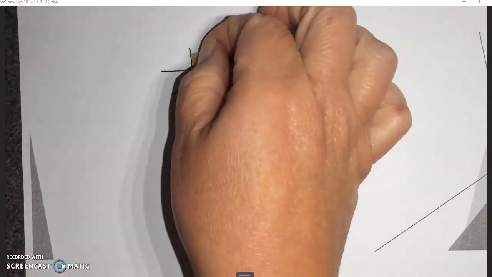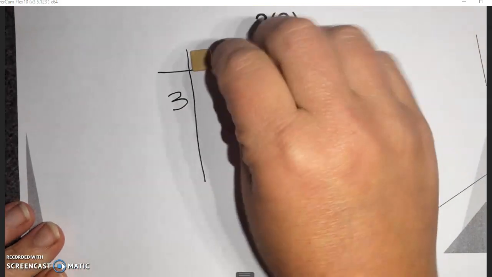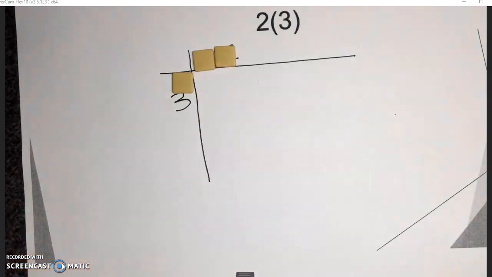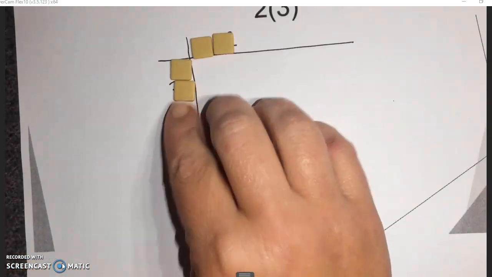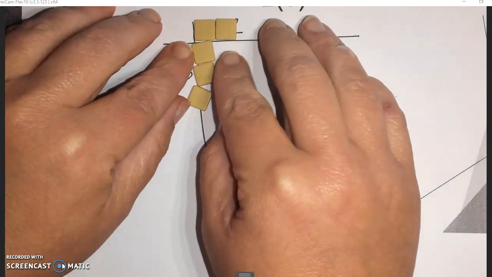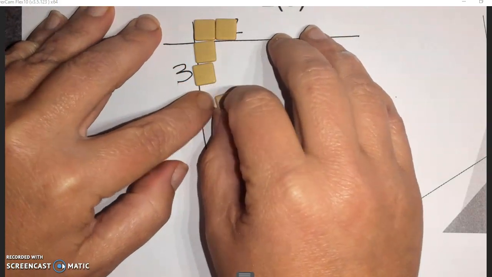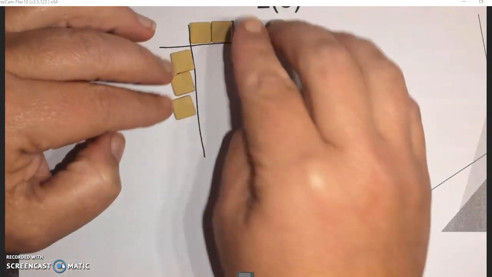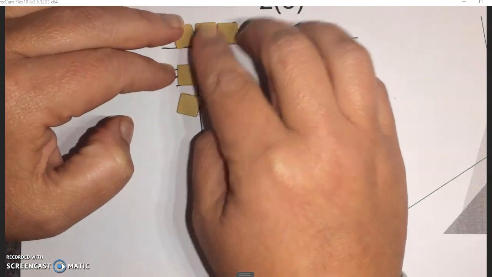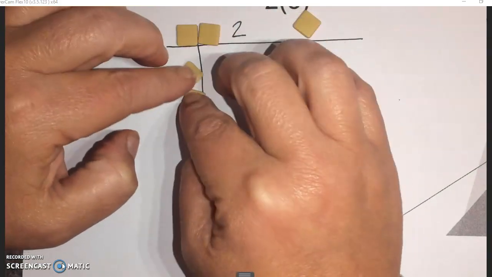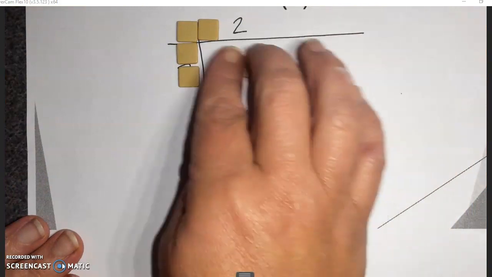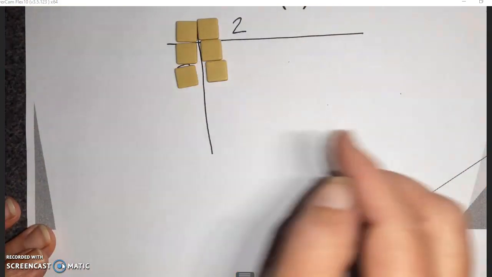So 2 of these, and they're positive, times 3 is going to get me, 2 times 3, and then you just fill it in to make a rectangle. 2 times 3 is 6. Okay?